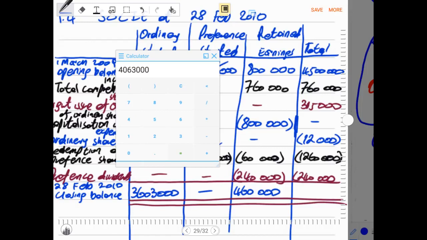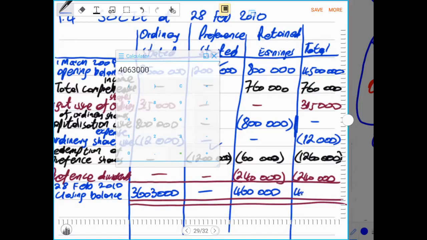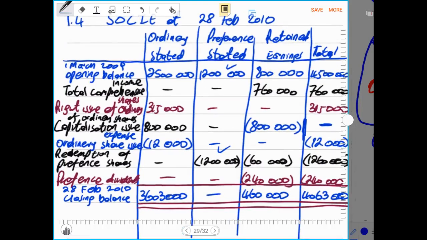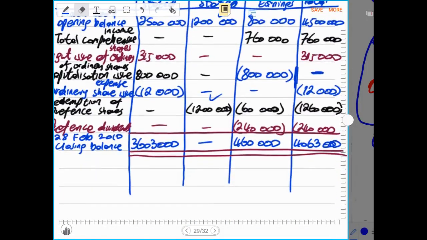This will give us 4,063,000. Now take note of the fact that under the total for the capitalization issue of ordinary shares, there is nothing. Why? Because 800,000 is positive, less 800,000, then that will give us 0 under the total. That's why there's nothing. If you want, you can write 0 at the end, you'll get the same amount.